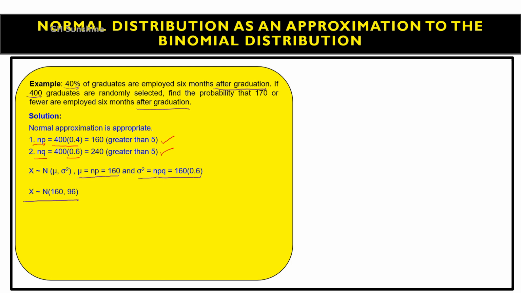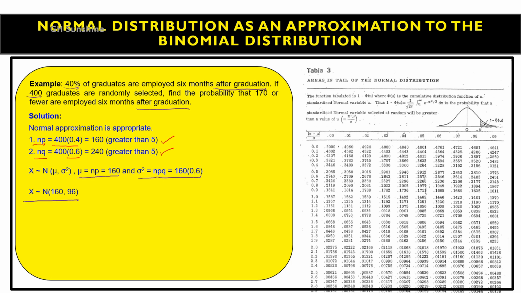Okay, next step. Using the standard normal table to find the probability value that 170 or fewer are employed 6 months after graduation. Remember that from discrete and then you apply continuous distribution, you must use the continuity correction factor.